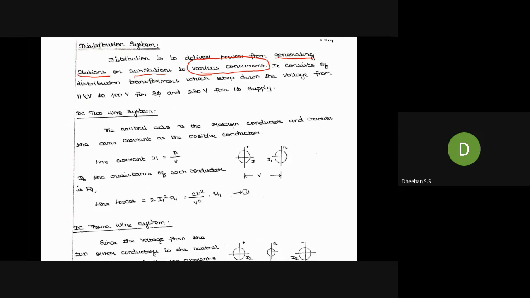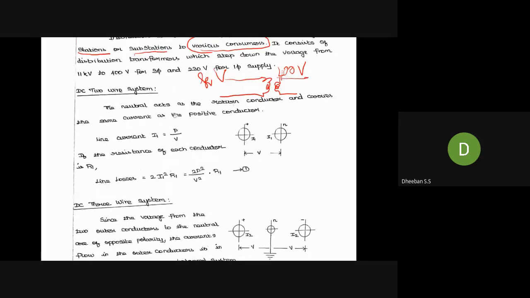These distribution transformers step down your voltage. That's the main purpose of the distribution transformers. At the transmission side, the voltage will be coming around your kilovolt. At your distribution side, it is necessary to step down the voltage, so it will be around 400 volt. For that purpose only, we will be making use of your distribution transformer.